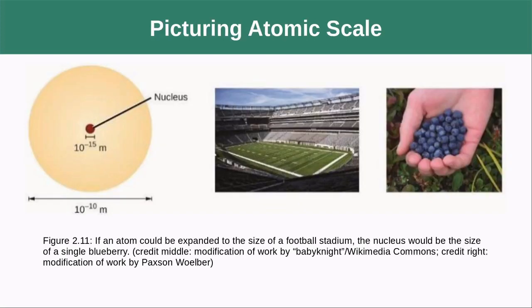To put that in perspective, if an electron is flowing around a baseball stadium, the nucleus would only be the size of a blueberry at the very center. And everything in between those is going to be empty space.